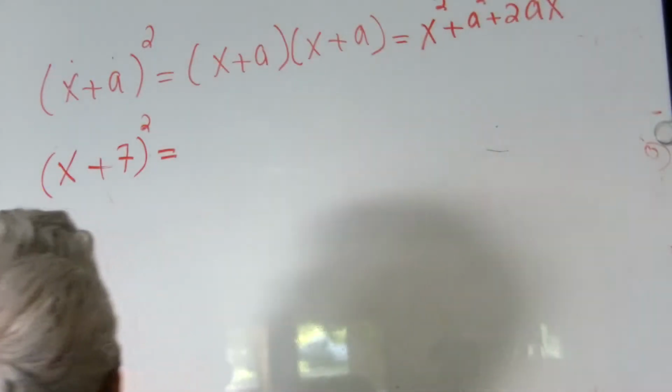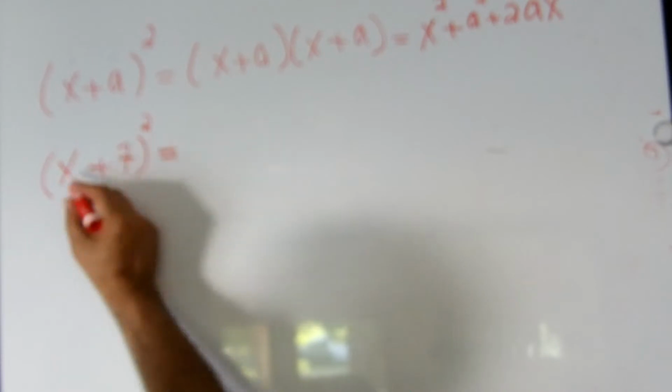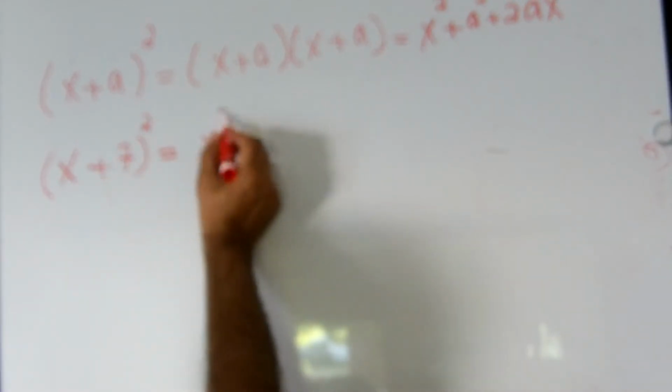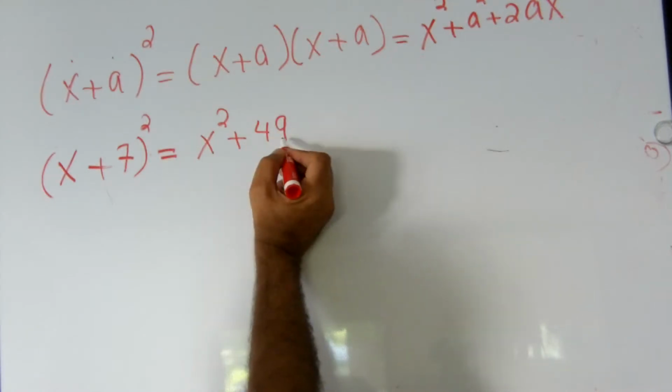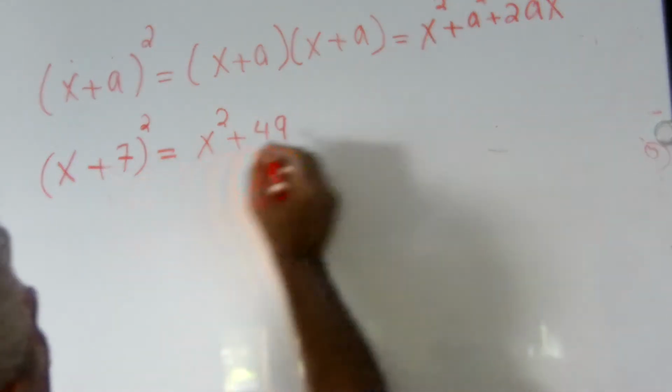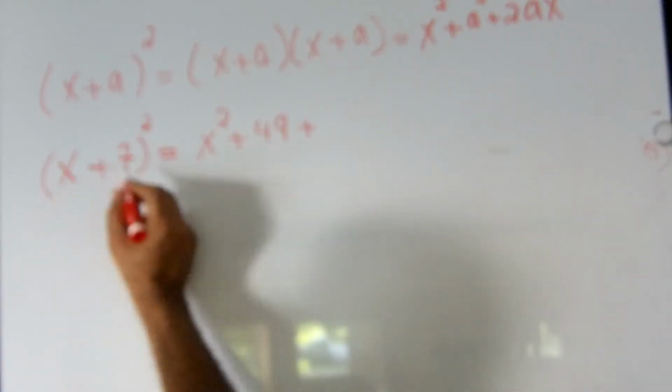Now we're going to show it to you here. The first one is squared, plus the second one is squared, which is 49, and then plus 2 times this one times this one, which is 14x.